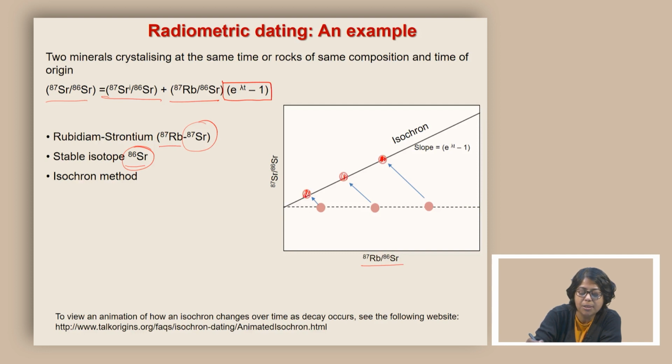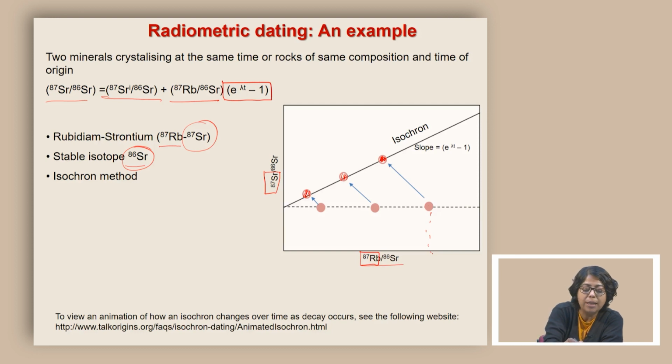What again it means is that there were initial concentrations, and from these initial concentrations, things have shifted because of the increase in the radiogenically produced isotope. And the more parent element it has, the more daughter element it is going to produce, that is the 87 Sr, but the factor which is 86 Sr is going to stay constant.